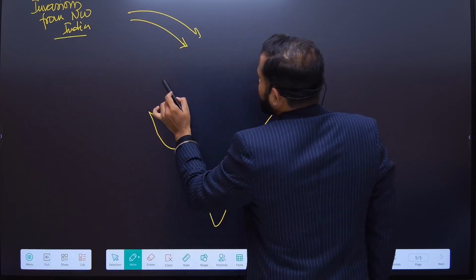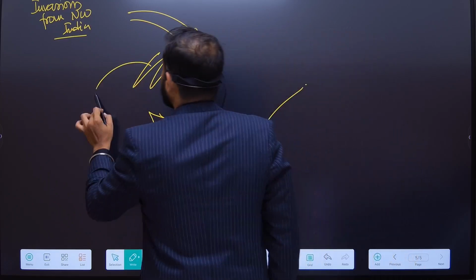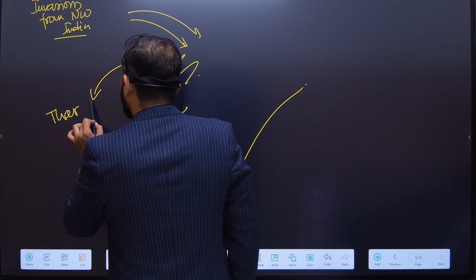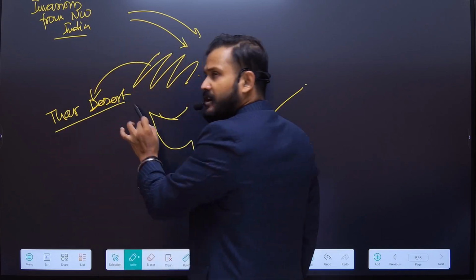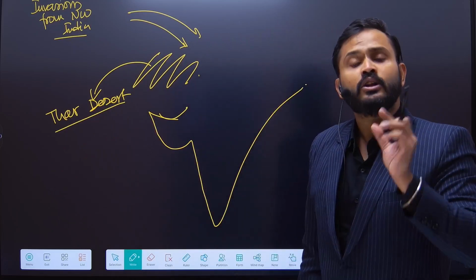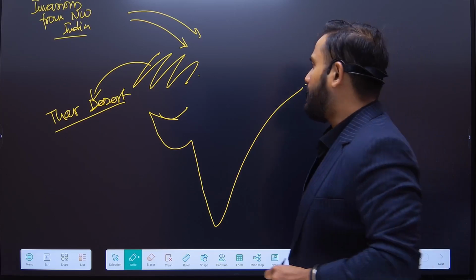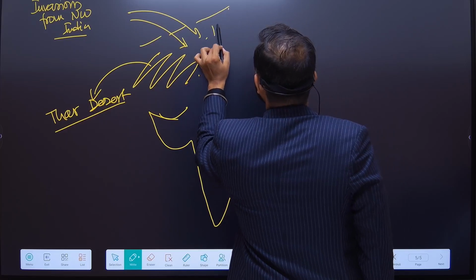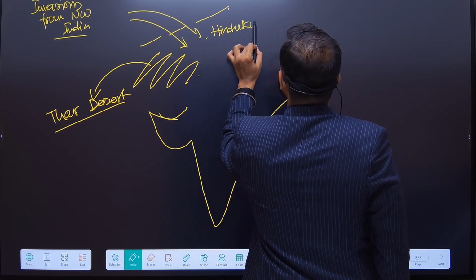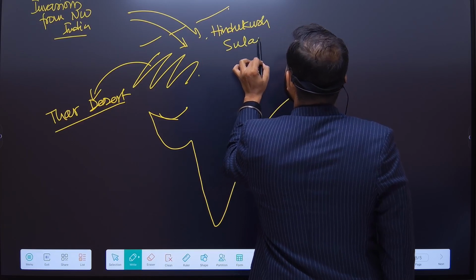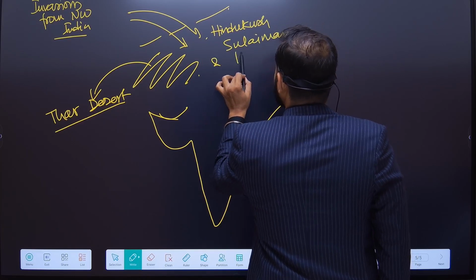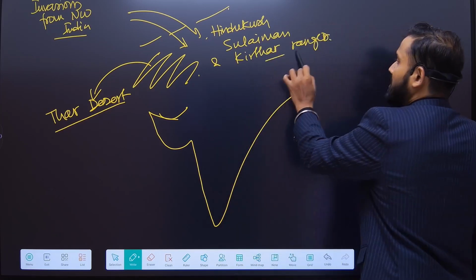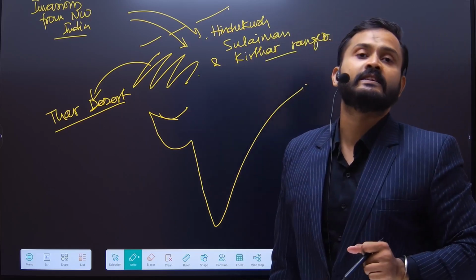Here understand, the region here is the Thar Desert. Thar Desert that we name in India, this Thar Desert also in Pakistan, known as Cholistan. Again here mountainous regions. The ranges are Hindu Kush, Suleiman and Kirthar ranges, and they are interspersed with passes.